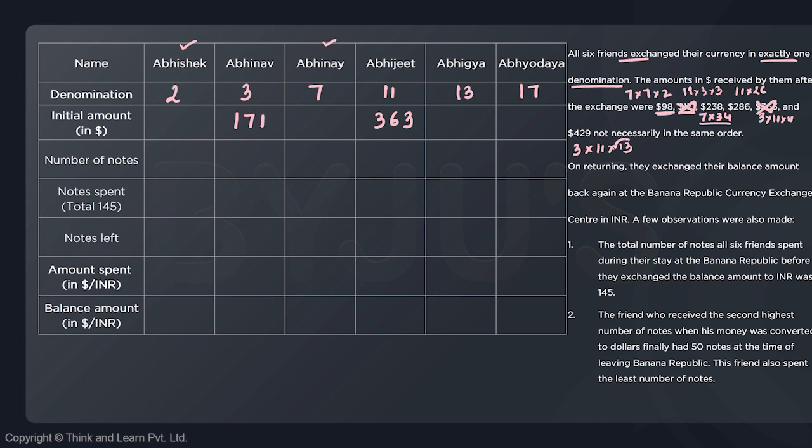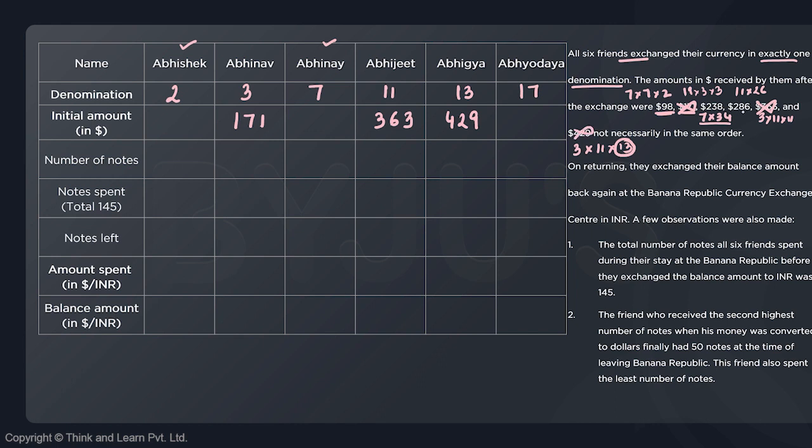So can I say it has to be a multiple of 13 only? So Abhigya must be having this amount of 429, right? Because Abhinav can't take this amount. Abhijit can't take this amount because the multiples of 3 and 11 have already gone. So the only multiple it can be of is 13. And once that is also there, this is also gone.